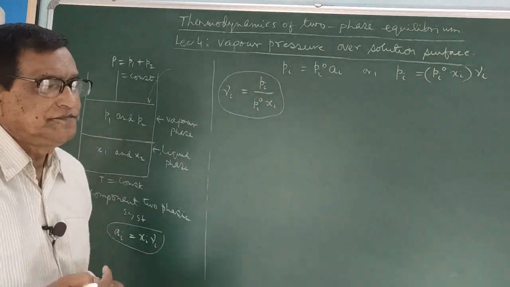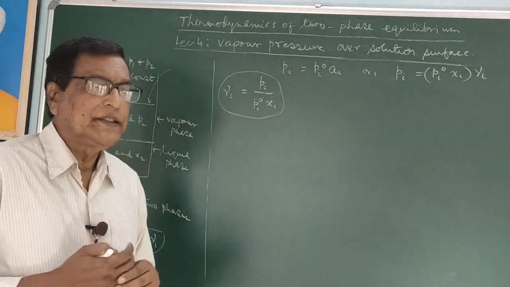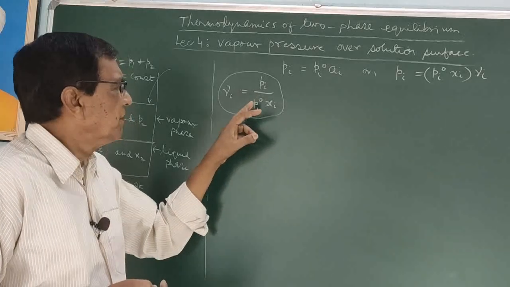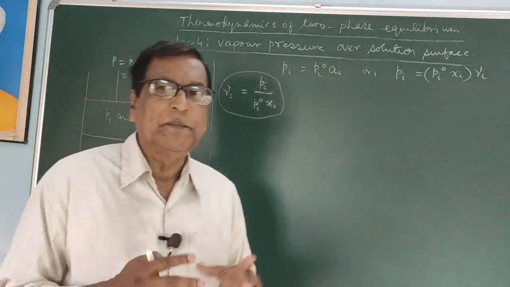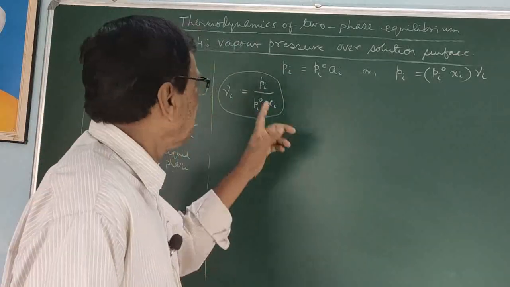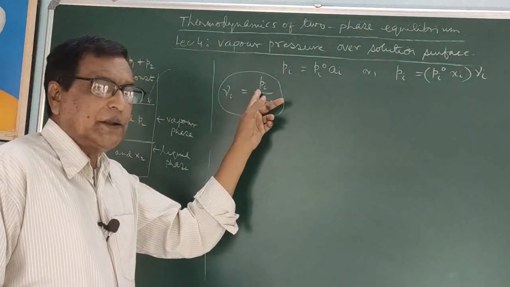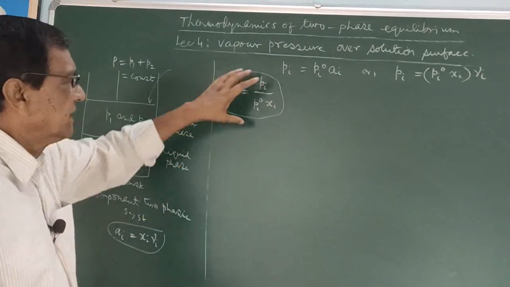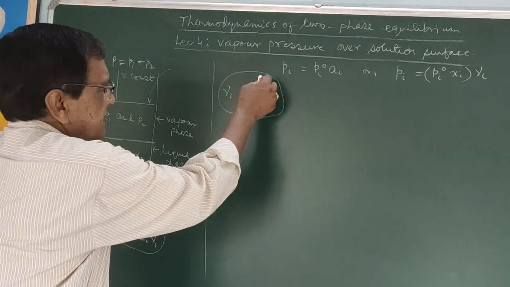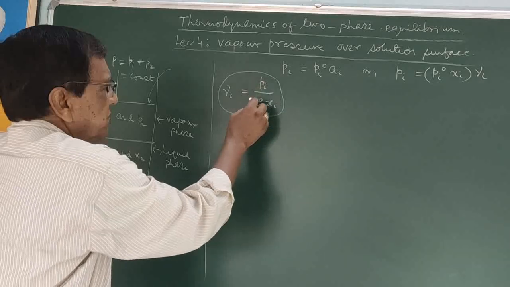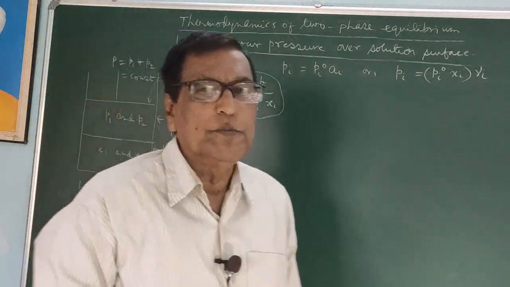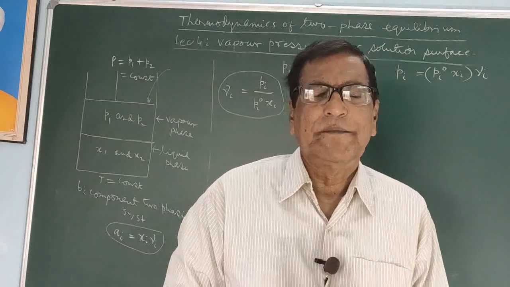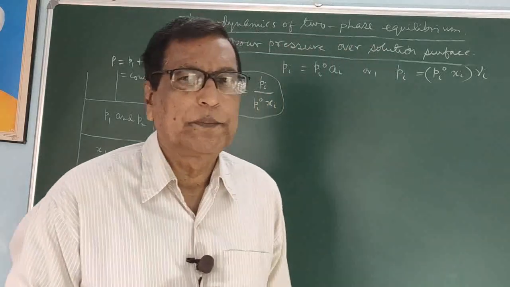Xi is known while we are preparing the solutions. Pi naught is the vapor pressure of the pure i-th component, determined by means of a manometer, and Pi is also determined by a manometer over the solution. By measuring each term on the right hand side, gamma i, the activity coefficient of the i-th component in this solution, could be determined by the vapor pressure method.